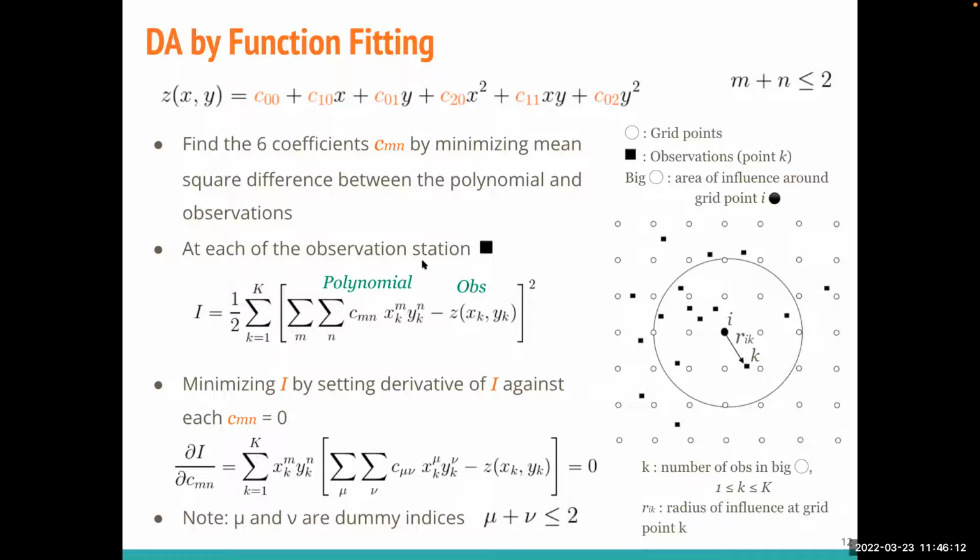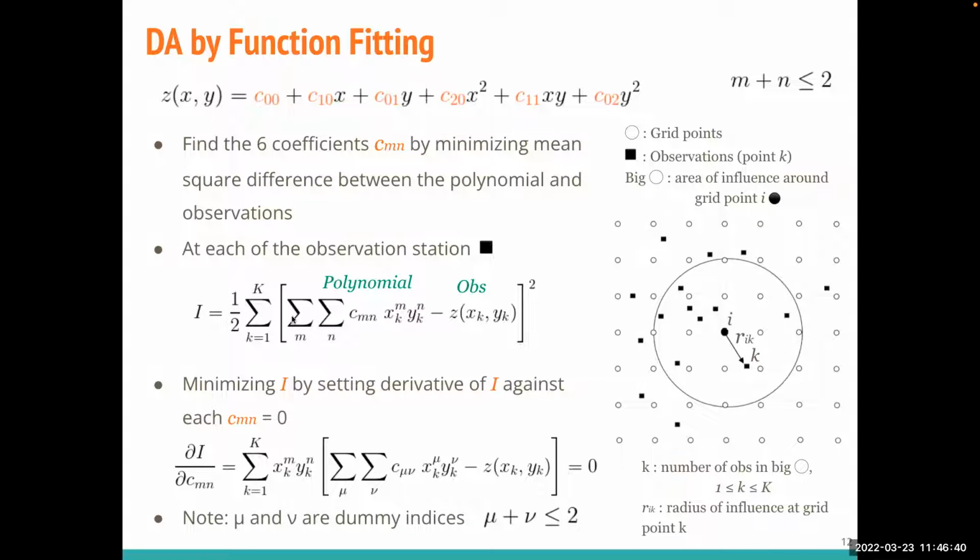For each of the observational stations, the squares, for example here, you want to use this. How do we use this one? We do the subtraction first. This is your polynomial, your surface here, and then you subtract your observational data.